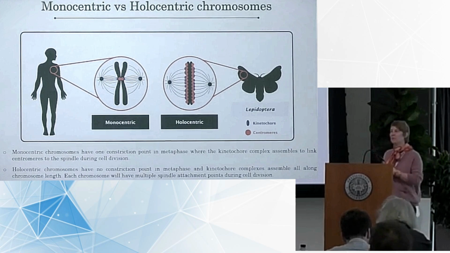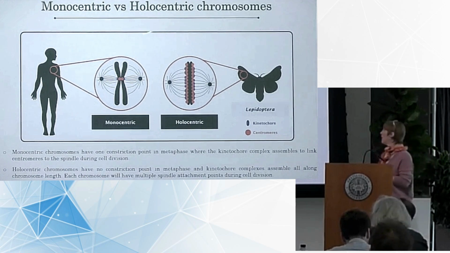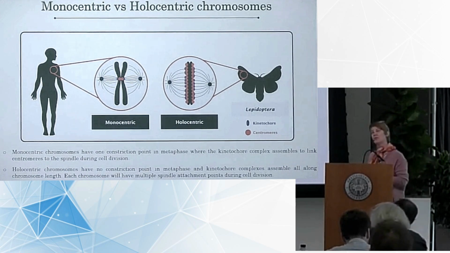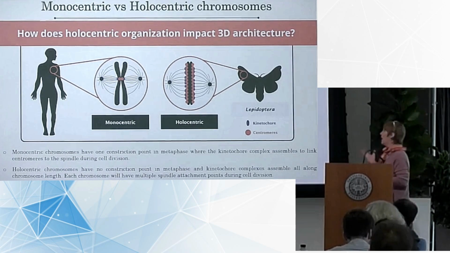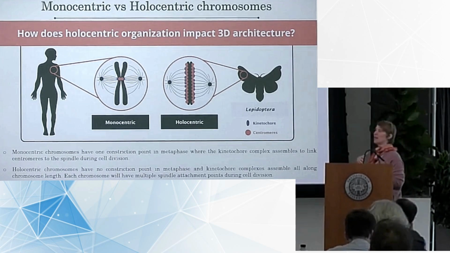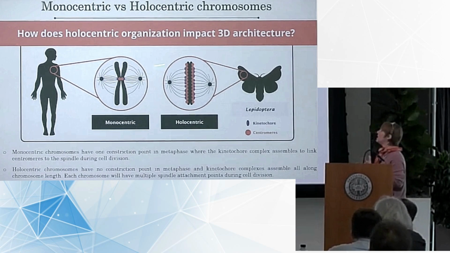Then, from the studies that have been done mostly in monocentric species, we also know that centromeres are really strong anchor points in the 3D organization of chromosomes inside the nucleus. So we wondered if this alternative organization was impacting the 3D organization of chromatin inside the nucleus.